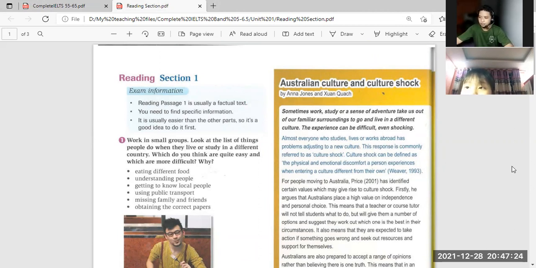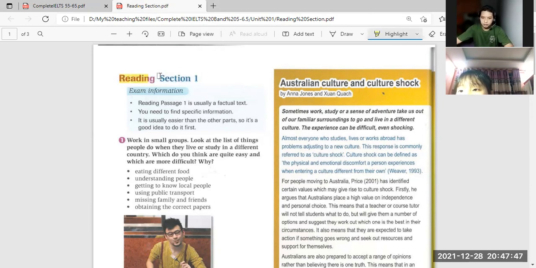No. Never? Okay. In the IELTS test, reading is one of the parts. And in reading, there are 3 sections, and this is the first section.